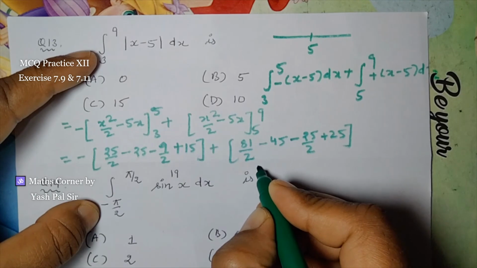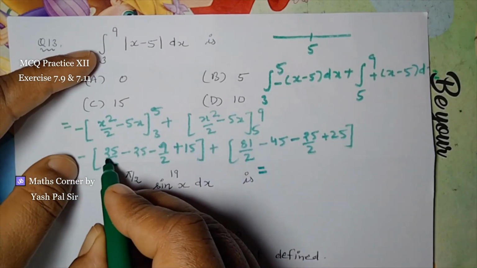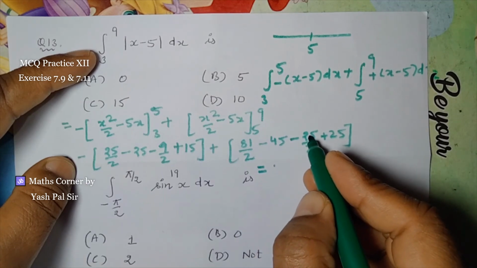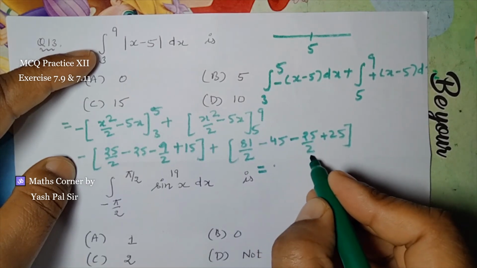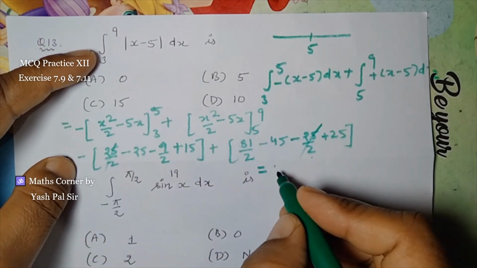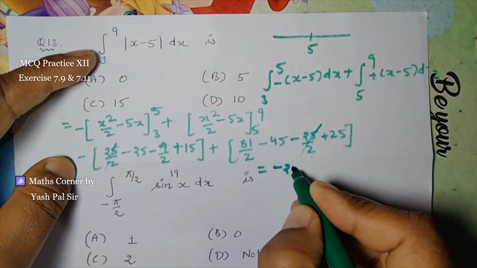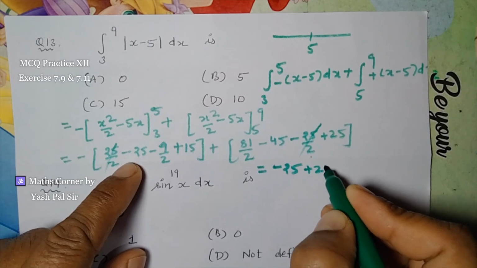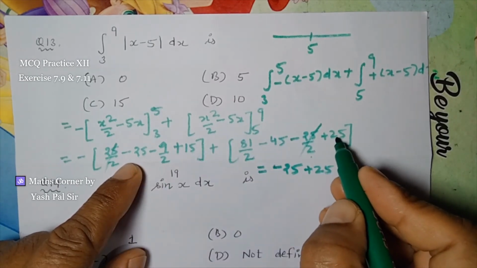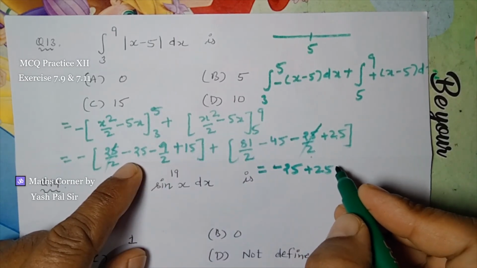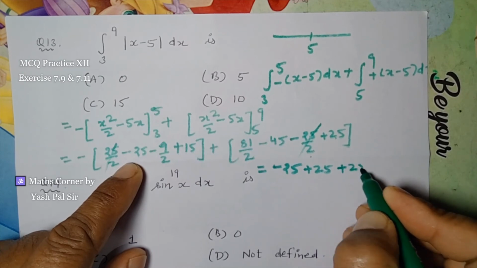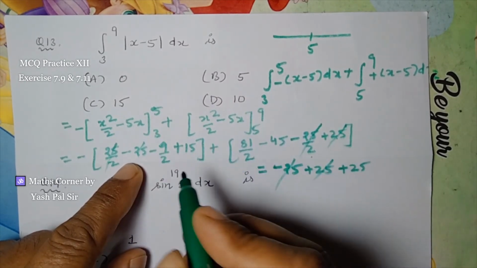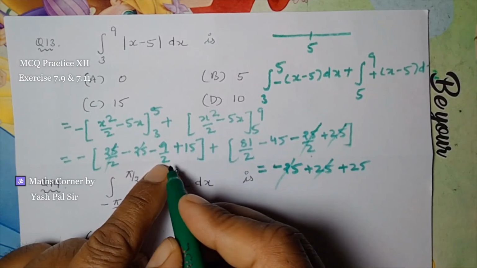So further we have this equal to minus 25, this is also minus 25 upon 2, so this becomes plus 20 minus 25, again this is plus 25, now plus 25 is here, so this is cancelled, we have solved this.